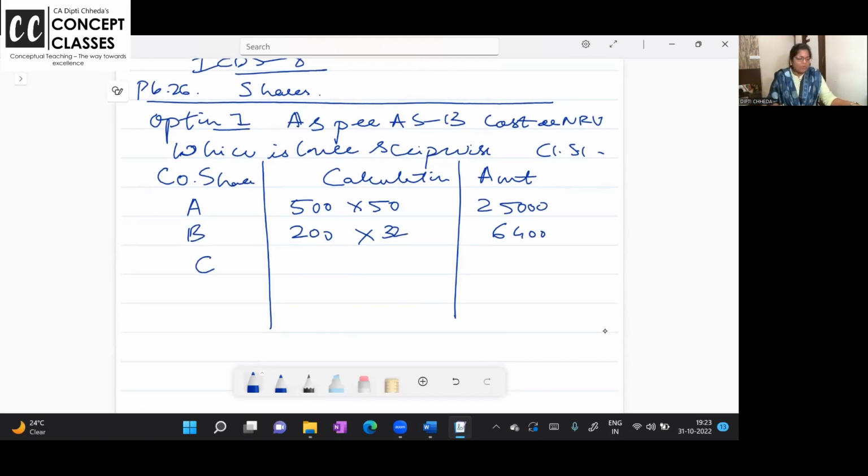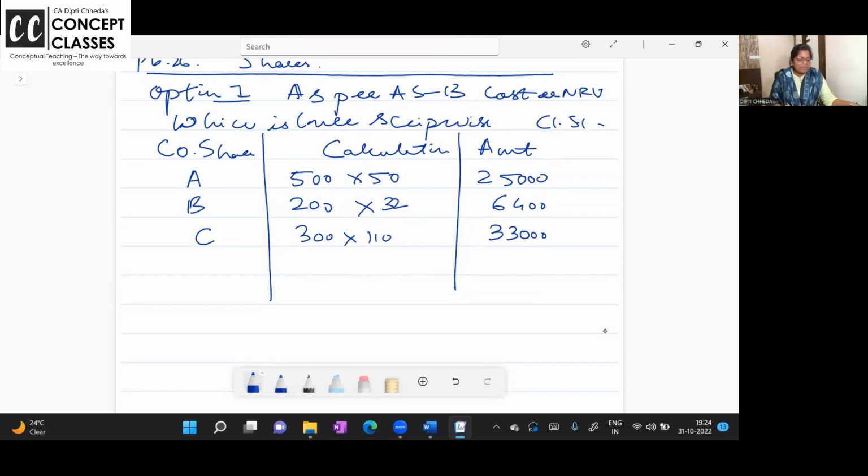6,400. Now, 300 into 110. 125 or 110. So 300 into 110, 33,000. D, 250 into 25 or 40, whichever is lower. 250 into 25, 6,250.